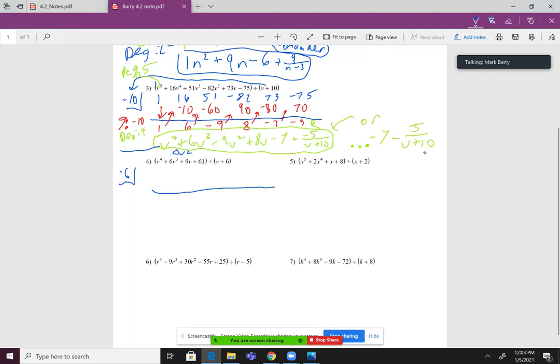My line here, I'm going to have 1, 6, 0, 9, and 61. So I have to put a 0 for any missing powers in the middle. You always have to watch out for these. You have to scroll through them, and if you have any missing powers, just throw a 0 there.